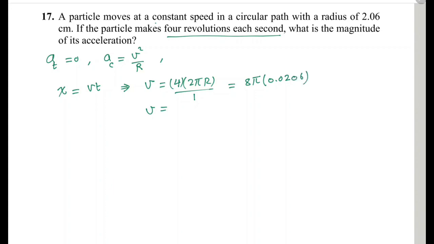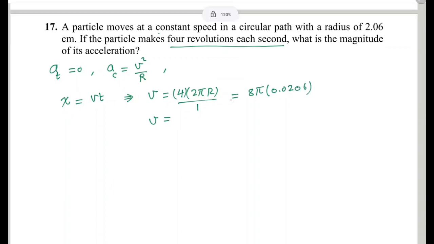You have to convert into meters, and the answer will be v equals 0.52 meter per second. You substitute this back in the central acceleration equals v squared over r, or 13.12 meter per second square.